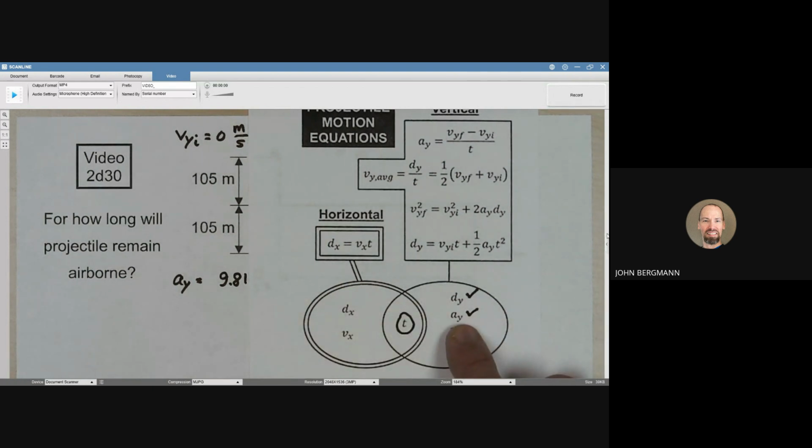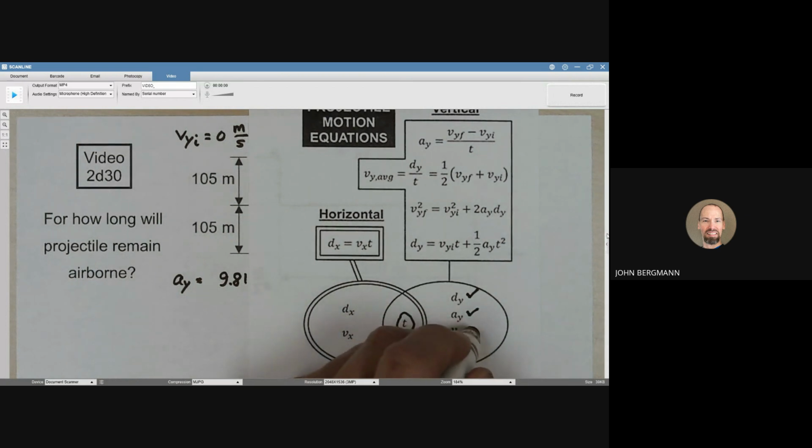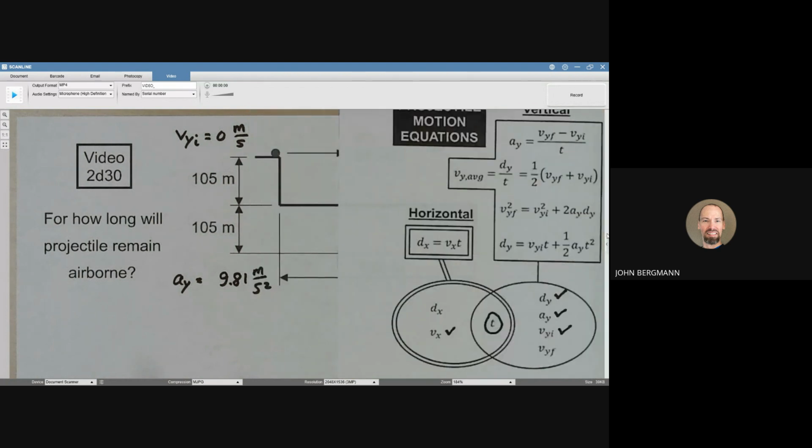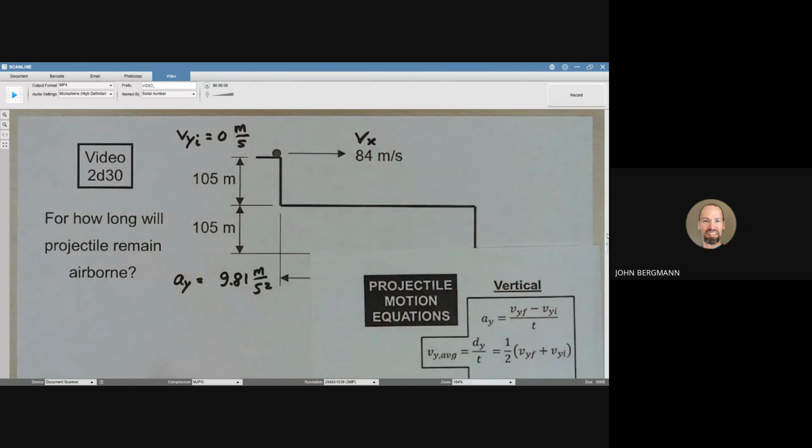We know the acceleration in the y direction, 9.81 meters per second squared, and we know the initial velocity in the y direction to be 0. We also know that the cannonball was launched at 84 meters per second horizontally.